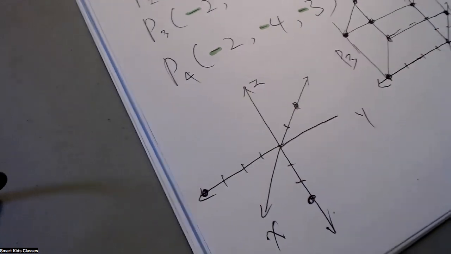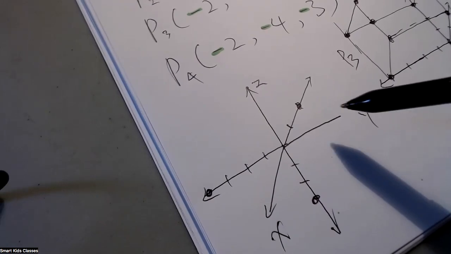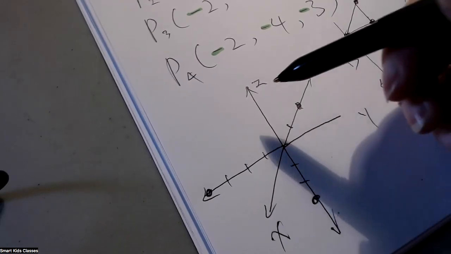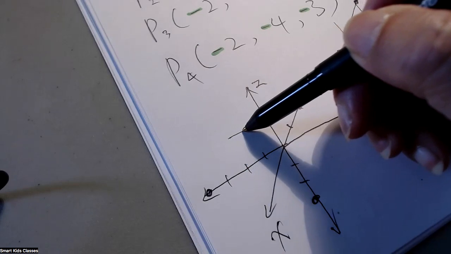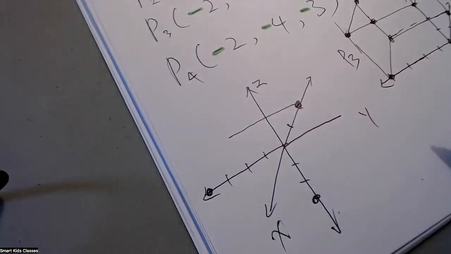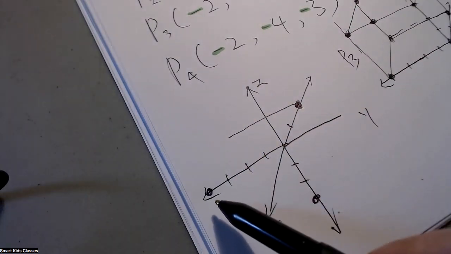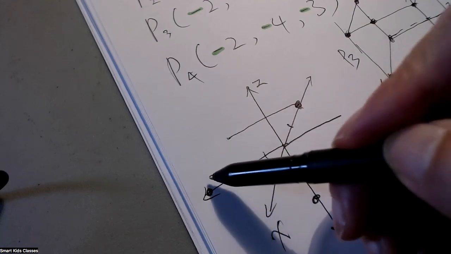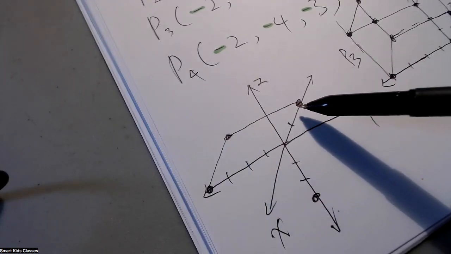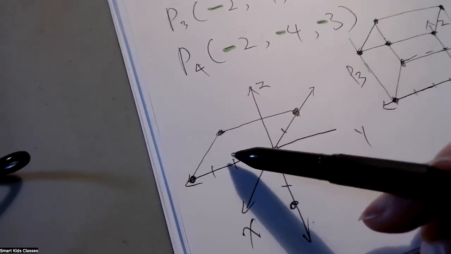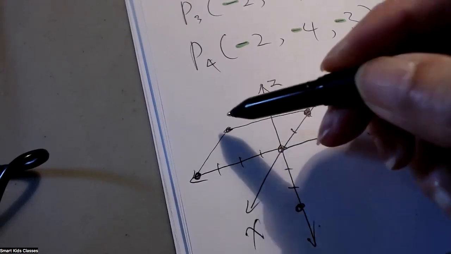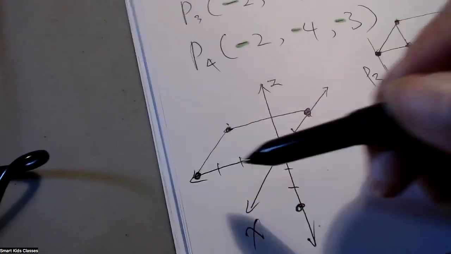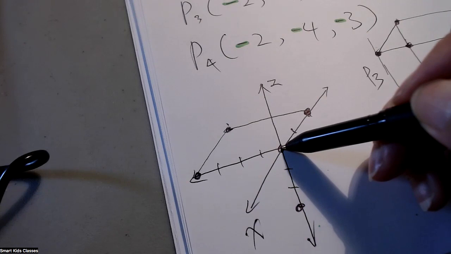Now, the first point we plot is always x first. X is parallel with y, so horizontal. We create a line. Now, the next point is y, parallel with x. Now you see we create a parallelogram here with 4 vertices: 1, 2, 3, 4, and this is at the origin.